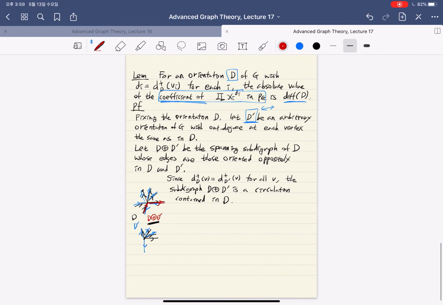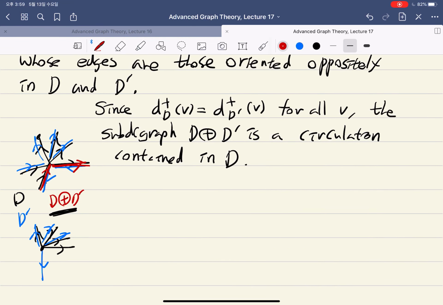And if we know that this red graph has out degree 1, meaning that in D prime, this is an incoming edge. So it has 4 outgoing edges, but 3 of them coincide with D, but 1 didn't.